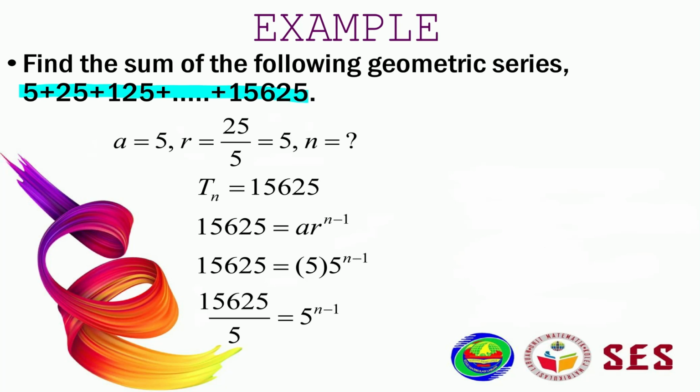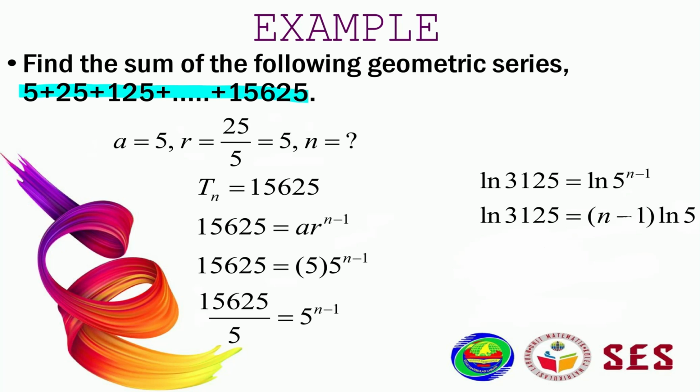In this case, we need to ln both sides because we want to bring forward our n minus 1. So we will get n is equal to 6. So we know that 15625 is the sixth term.